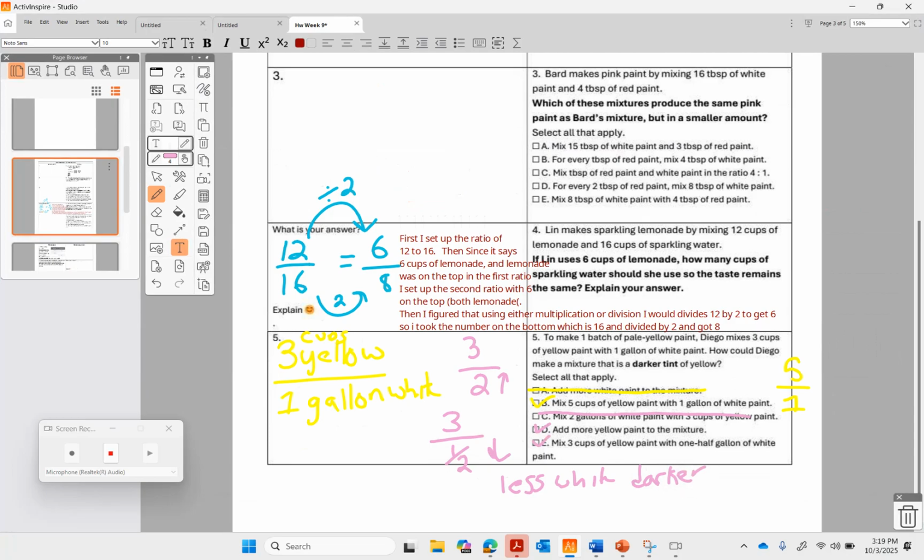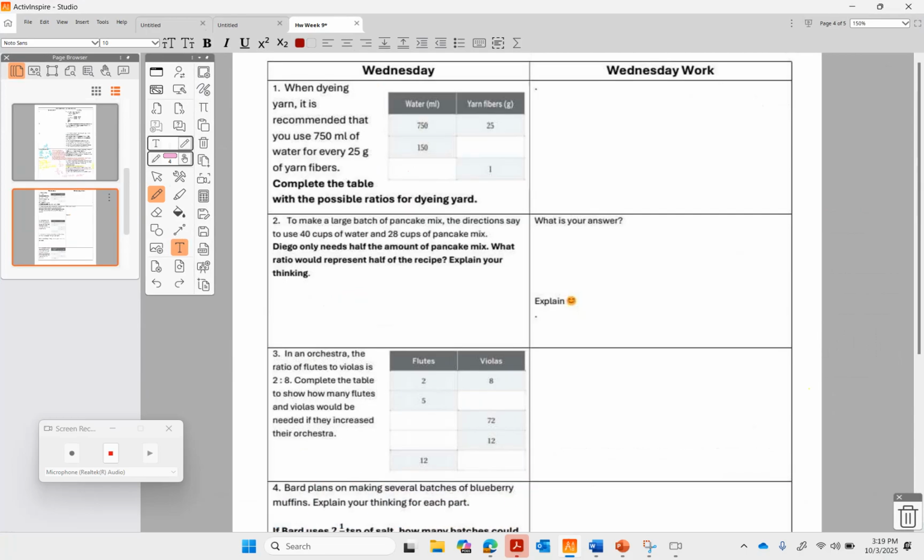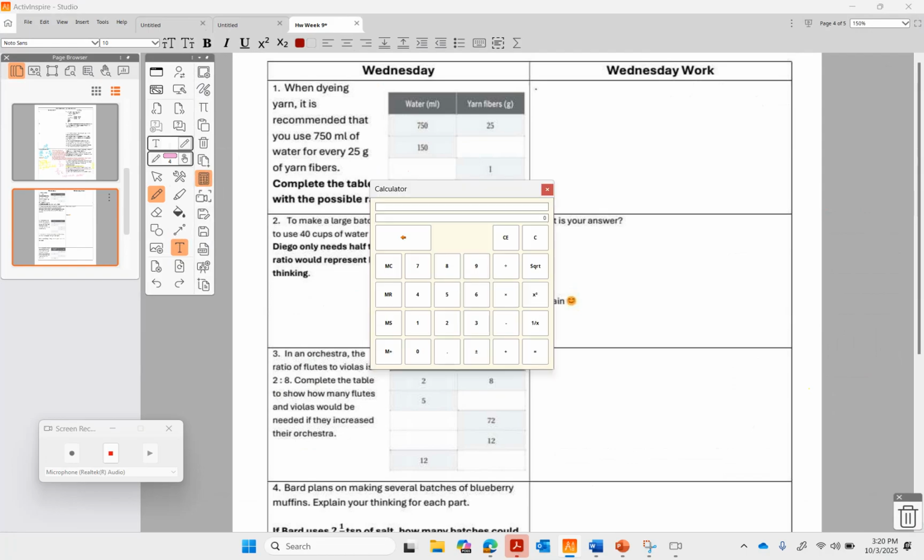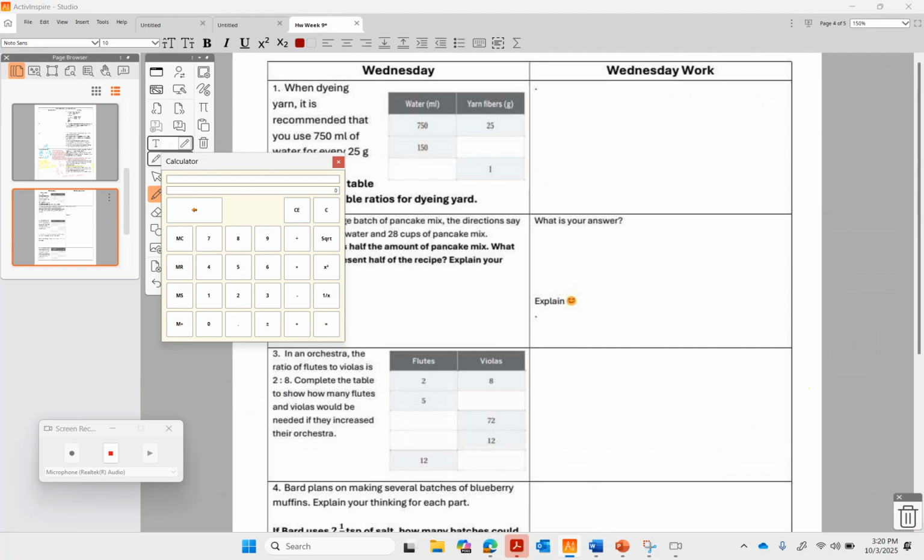Moving on to Wednesday's homework. When dyeing yarn, it is recommended that you use 750 milliliters for every 25 grams of yarn fiber. So they've done this, 750 to 25. So you can use a calculator. I want to figure out how I'm getting 750 to 150.